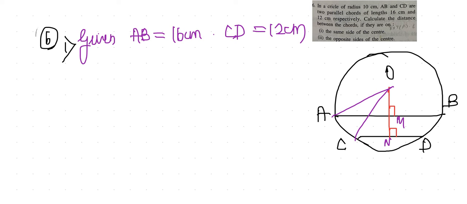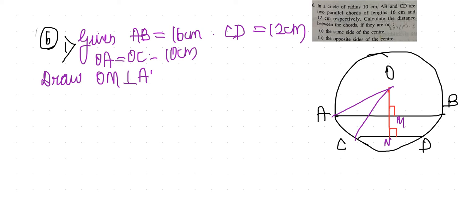Okay, and the radius OA is equal to OC is equal to how much, children? 10 centimeter. So now what you will be writing? Draw OM perpendicular to AB and further draw ON perpendicular to CD.